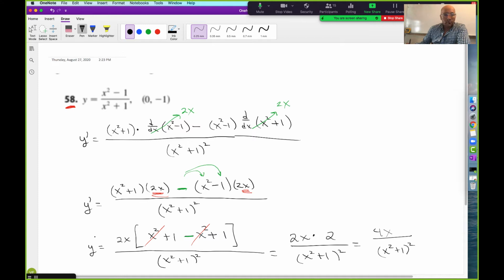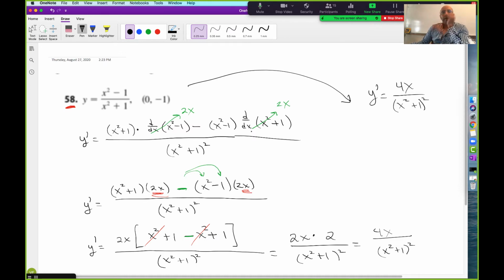Oops, this is a prime. So there's our derivative function. Good. All right, so putting all that work aside, let me just put it over here and say y prime is equal to 4x over x squared plus 1 squared.